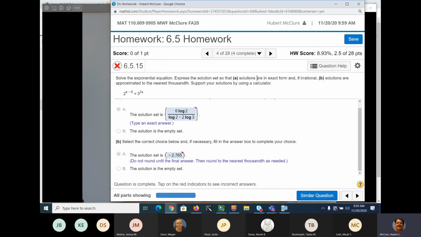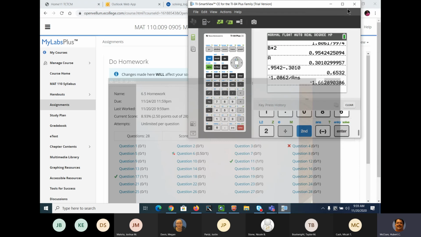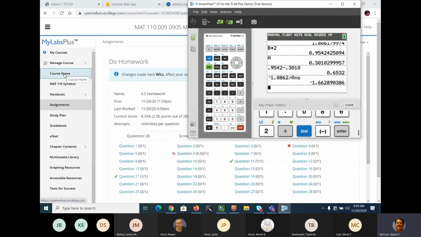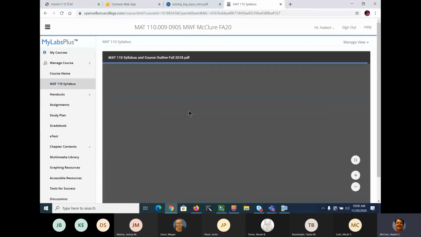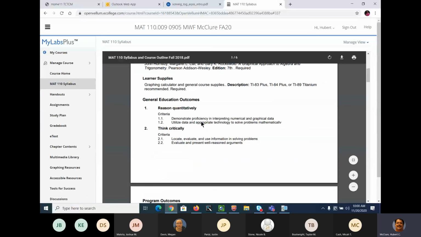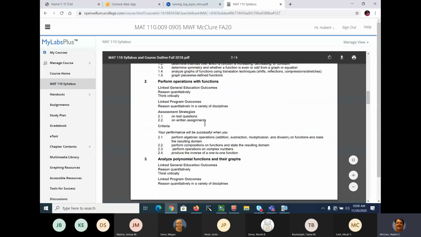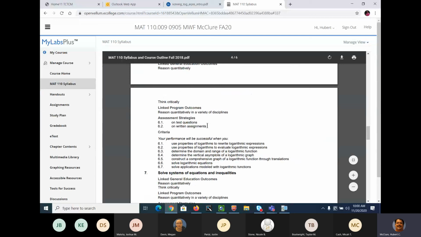Okay, so I've shown you all the different types of equations now, so you should be good to go with 6.5. 6.6, I have no idea what 6.6 is. Let me look right quick. Probably practical application, but I'll look and see. Applications.